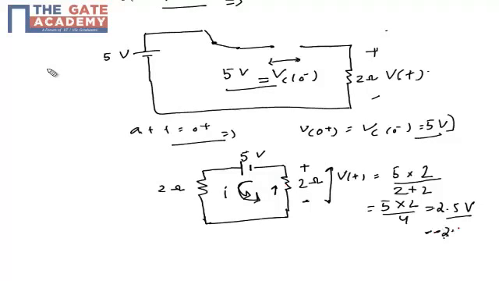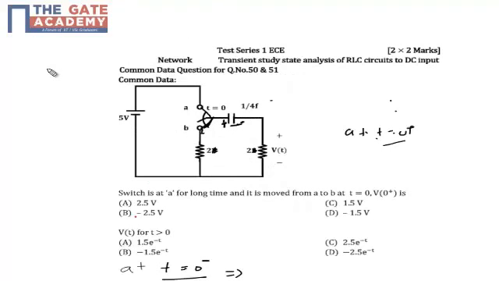The effective voltage Vt will be minus 2.5 volt, because you are sampling Vt in the opposite direction, as my current is flowing from minus to plus. That's why instead of 2.5 volt we are getting minus 2.5 volt. So in this case my correct option is option B. For the first question, my correct option is option B.